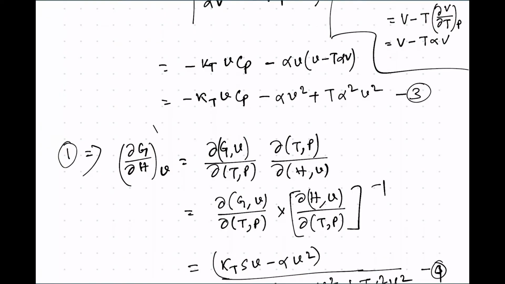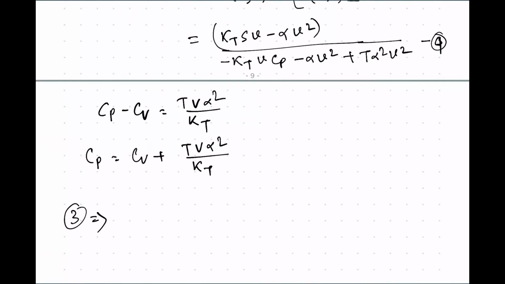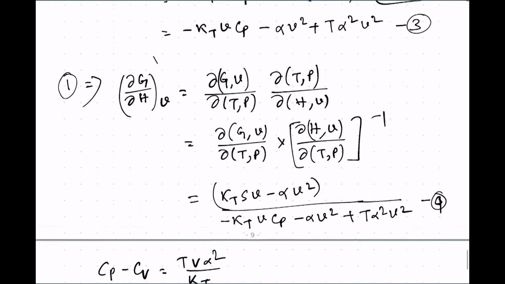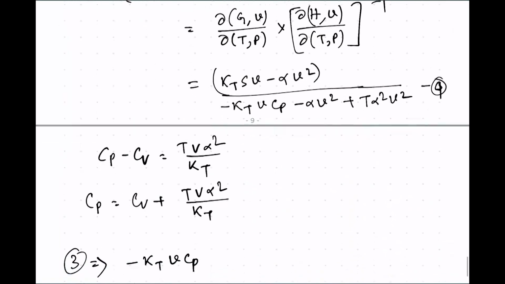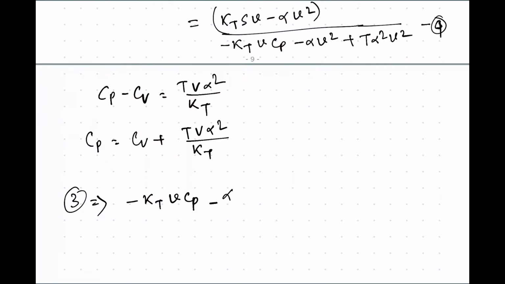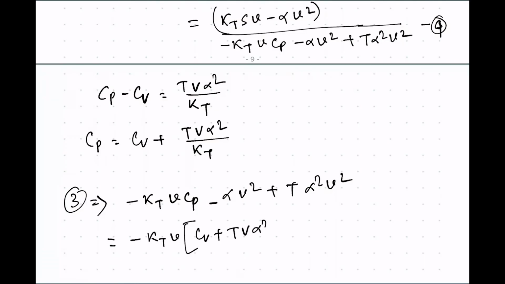So, from 3 we can write minus kappa T v C p minus alpha v square plus T alpha square v square equal to minus kappa T v times C v plus T v alpha square by kappa T, minus alpha v square plus T alpha square v square.